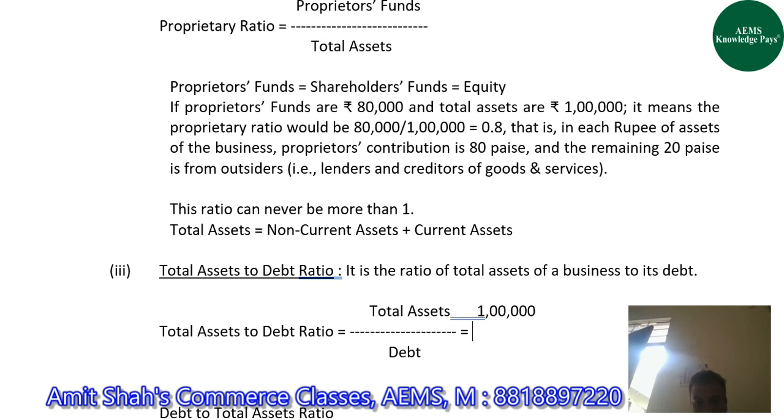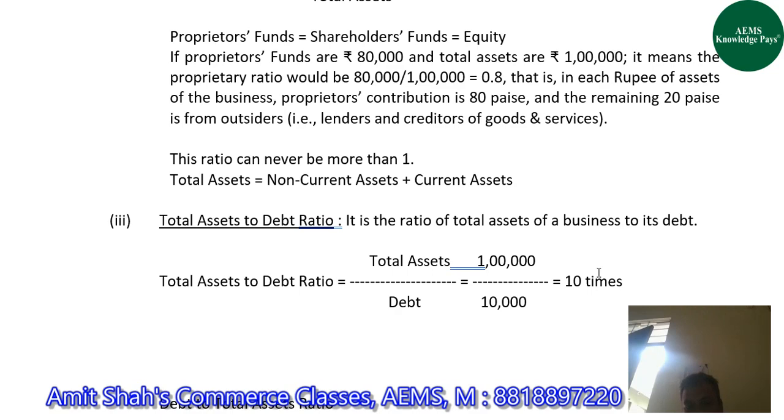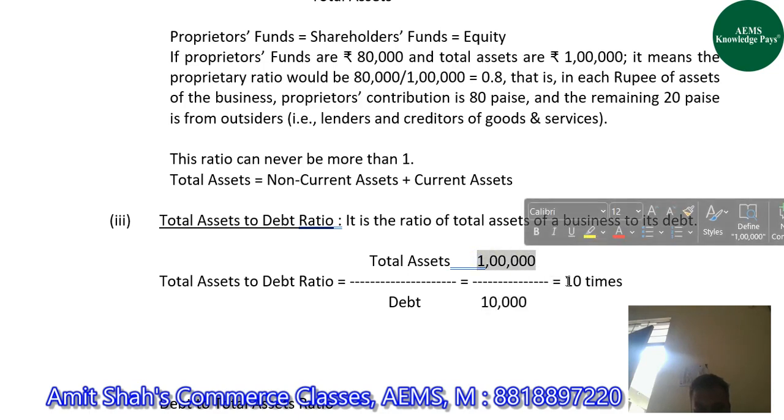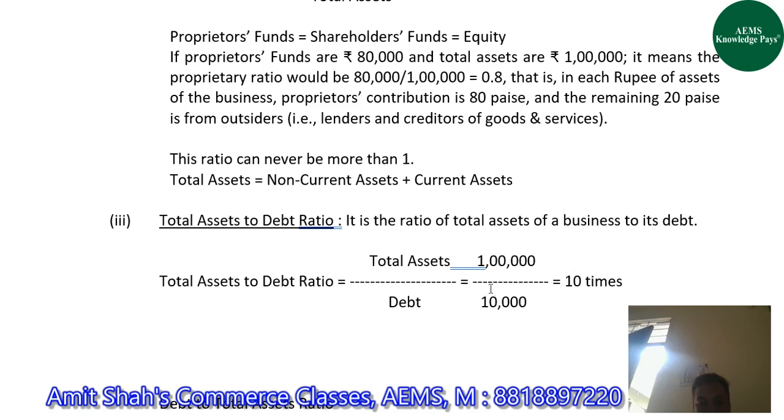So suppose total assets are 1 lakh and debt is 10,000. It means this ratio is 10 times. This shows guys the actual solvency of the business. The total debt, long term liabilities of the business, are covered by total assets by 10 times. Means this business can easily pay its debt.